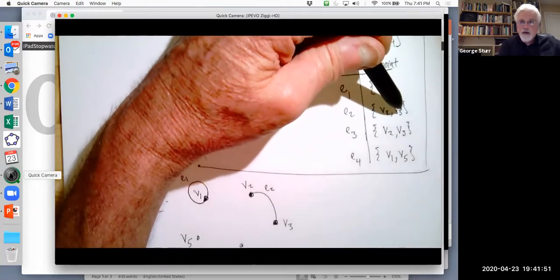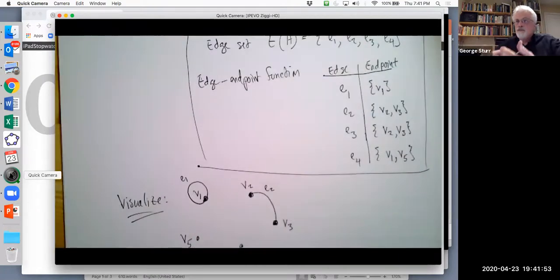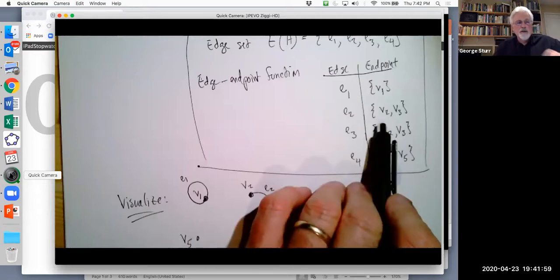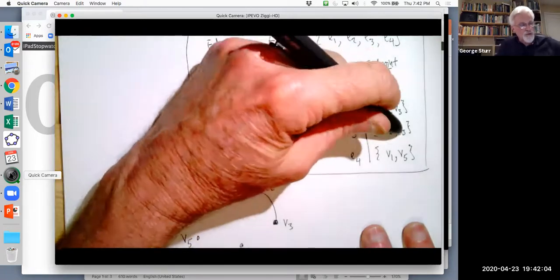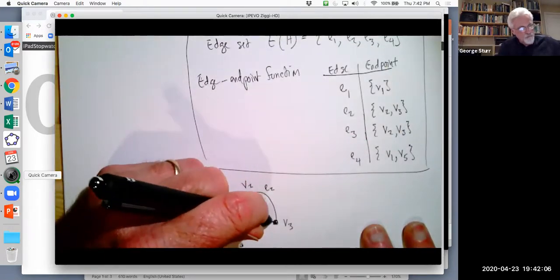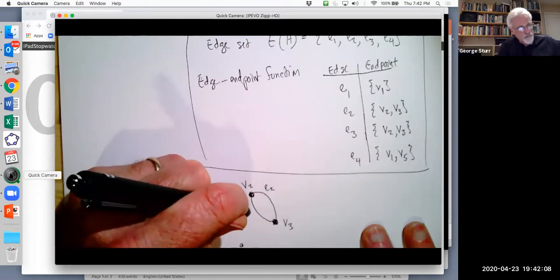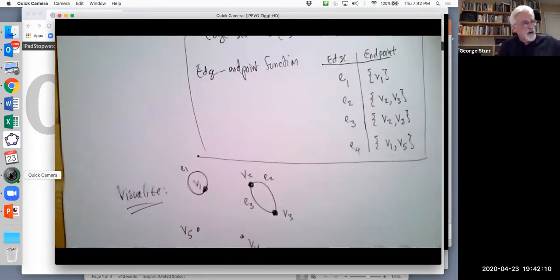And if I wanted to have it go the other direction, it would be first V3, then V2. So we can handle the directed graph issue by adding ordered pairs into our edge endpoint function. Anyway, what's E3 here? It's V2 and V3. And then E4 is V1 and V5.